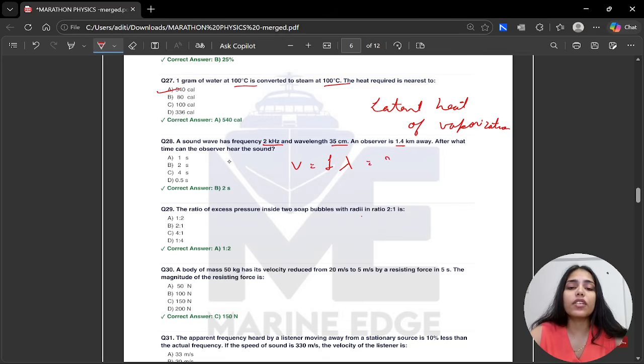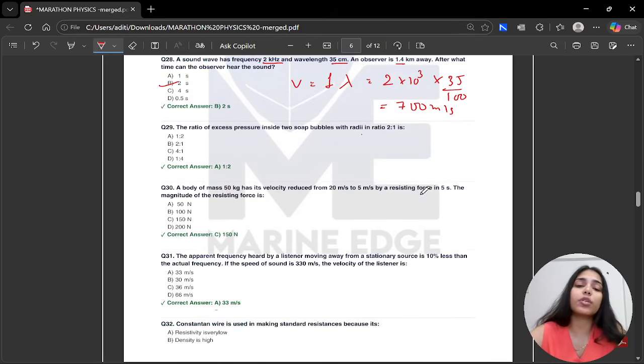Frequency is given as 2 kilohertz, 2 into 10 to the power 3, and the wavelength is 35 divided by 100, right? It is given in centimeters, so we'll convert it into meters. So that gives us a value of what? 35 into 2 into 10 to the power 1, that is 700 meter per second. Now the observer is 1.4 kilometer away. So what will be the time taken? 2 seconds, right? So the answer is B.